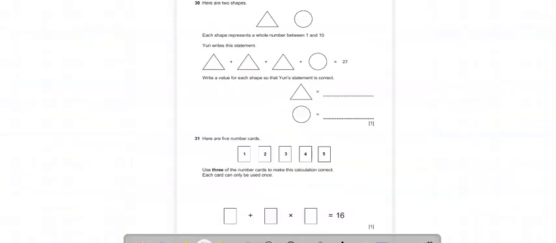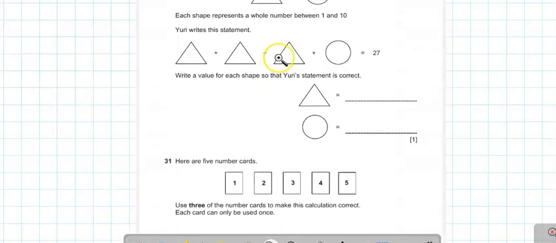Next, here are two shapes, a circle and a triangle. Each shape represents a number from 1 to 10. Rewrite this statement: 3 triangles plus a circle equal 27. Write a value to make this statement correct. Okay, for example, I will say 8.